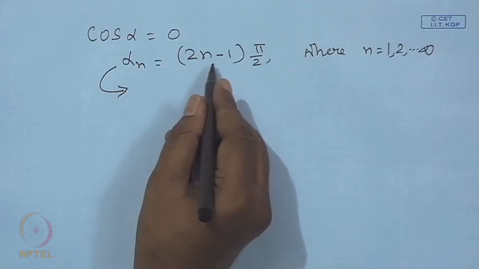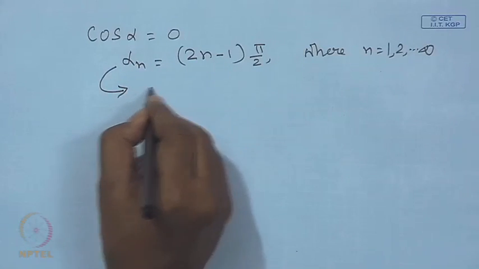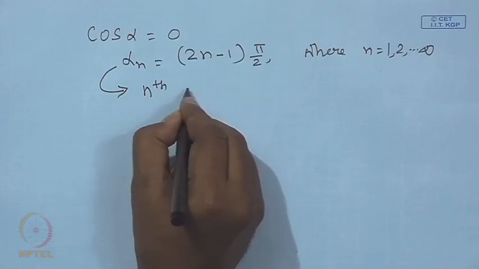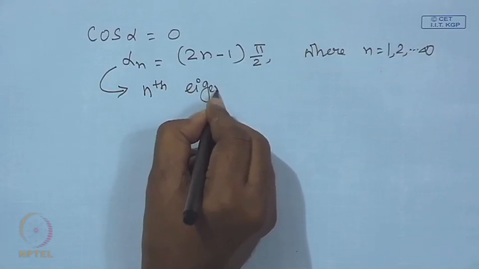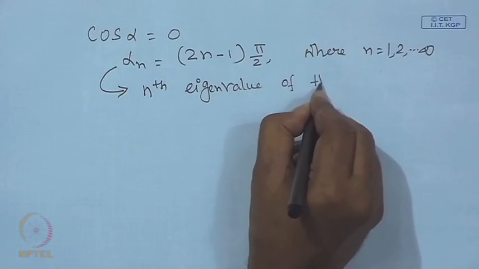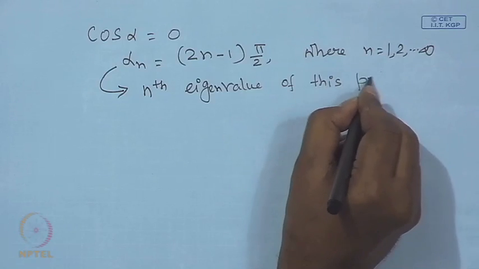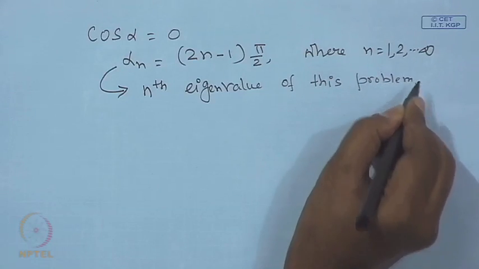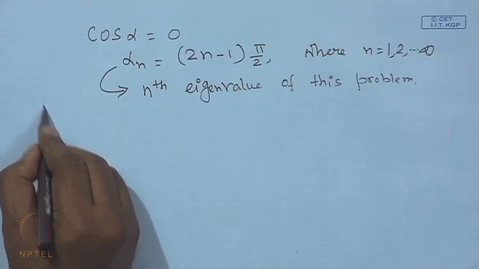So, alpha n is equal to 2n minus 1 pi by 2 is the nth eigenvalue of this problem, and the corresponding solution is the nth eigenfunction.